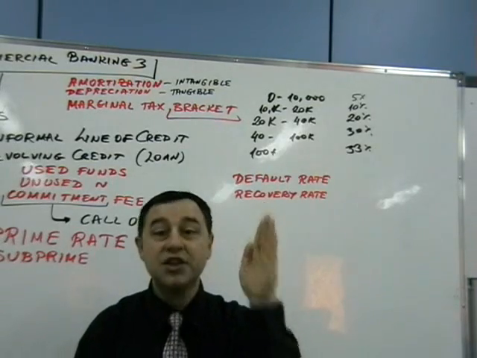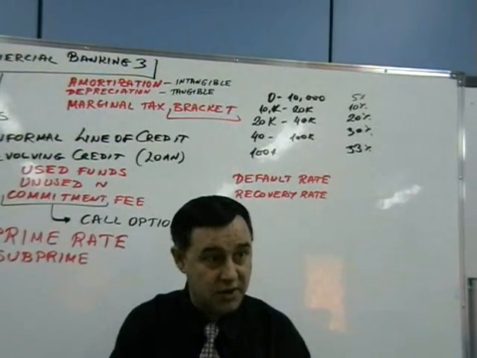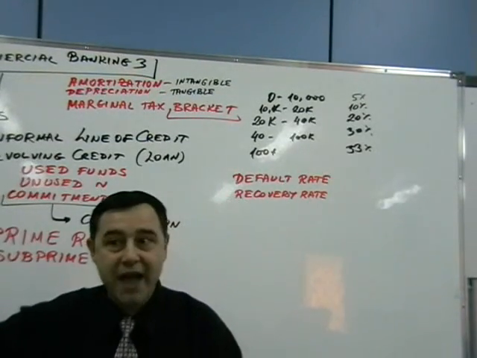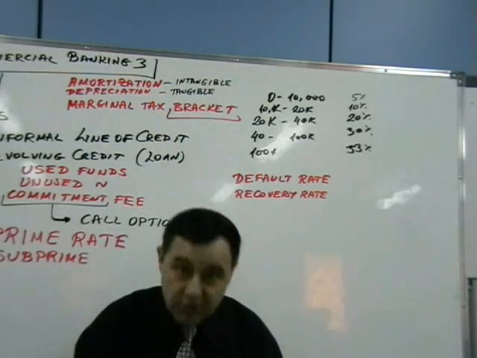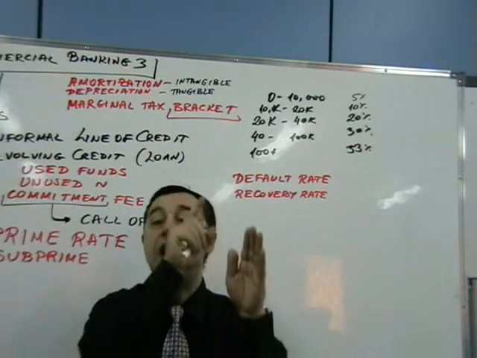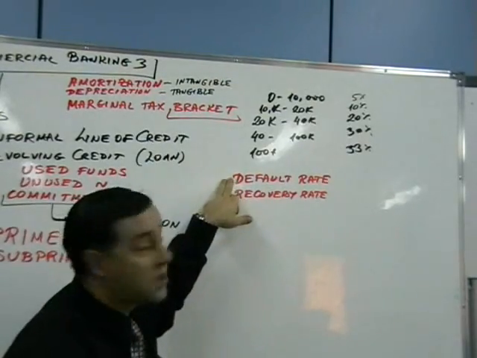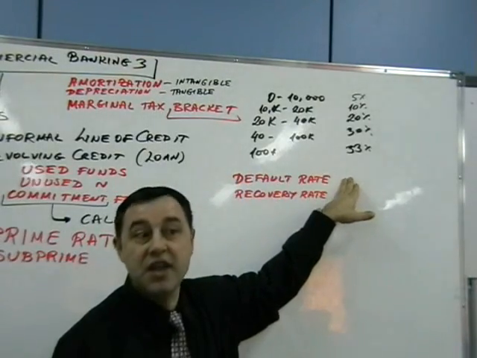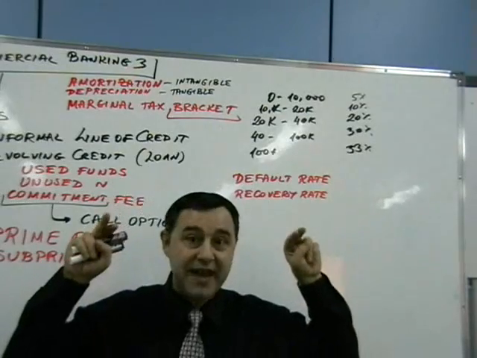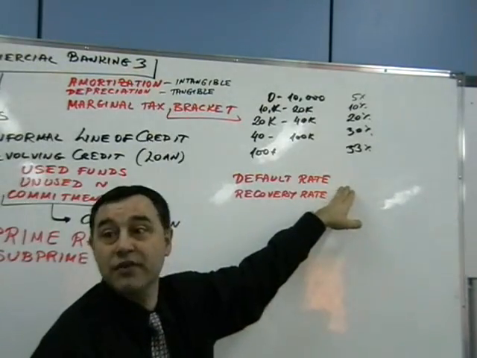So one way is, out of my currently good customers, how many will go bad within the next 12 months? The alternative is, out of all of my current customers, how many are good and how many are bad? The default rate will represent the percentage of customers, but it's actually of the outstanding balances which are in some sort of default.